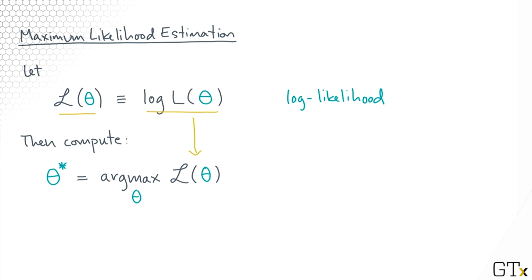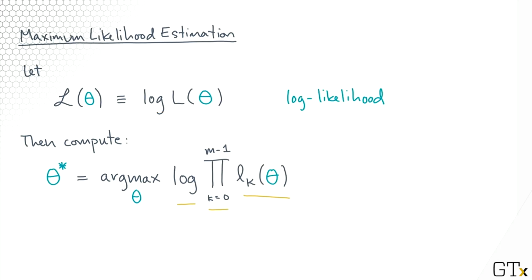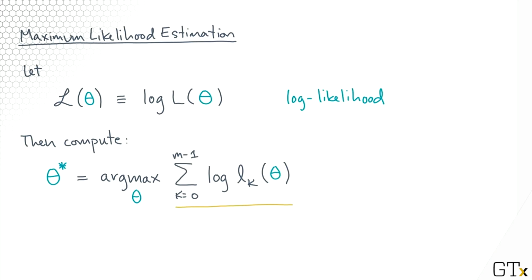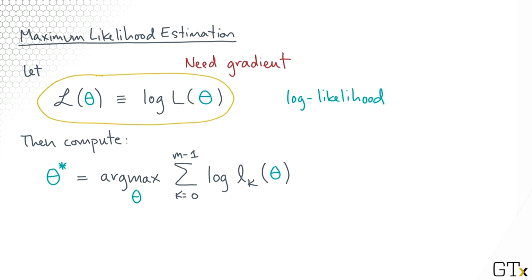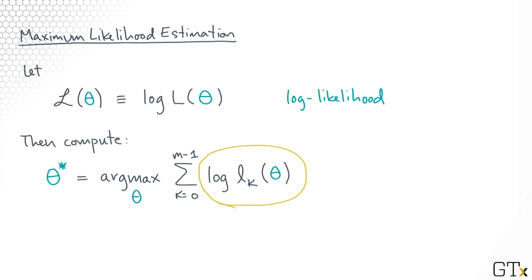Now remember the definition of the log likelihood, and substitute those. That's the log of the product of the individual likelihoods, L_k of theta, which in turn is the sum of the logs of L_k of theta. Now eventually we're going to need the gradient of the log likelihood. That means that we'll need to compute the gradient of this object, log of L_k of theta. So that's what we'll need to do next.